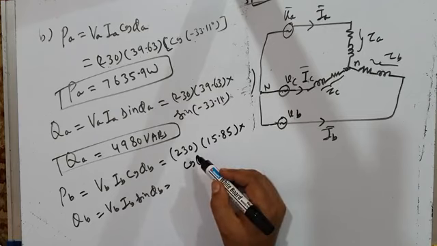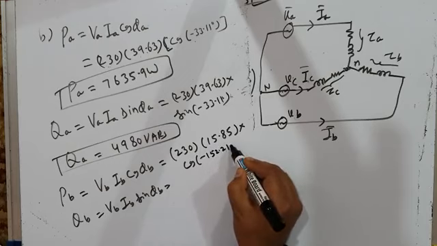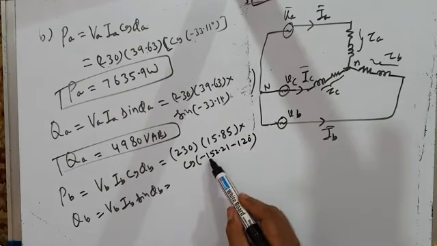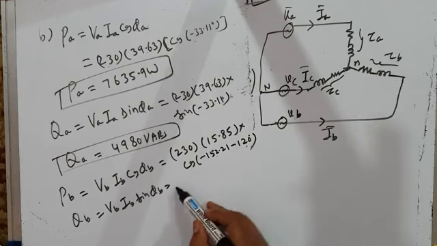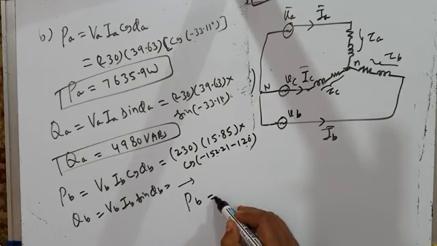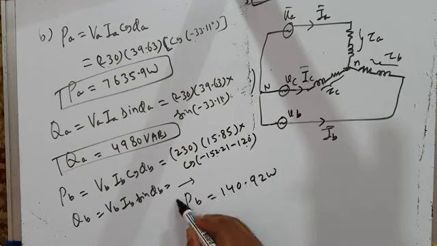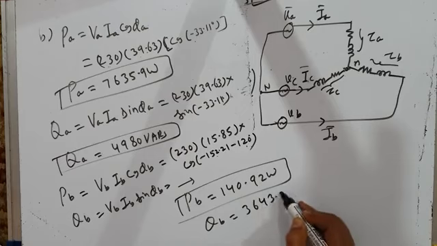Line current IB lags behind the voltage by 152.21, and you have to write minus 120 degrees. It is actually cos of phi minus 120 degrees, so you have to put this minus 120 degrees here. This gives PB equal to 140.92 watts, and QB, the reactive power associated with phase B, is 3643.2 watts.